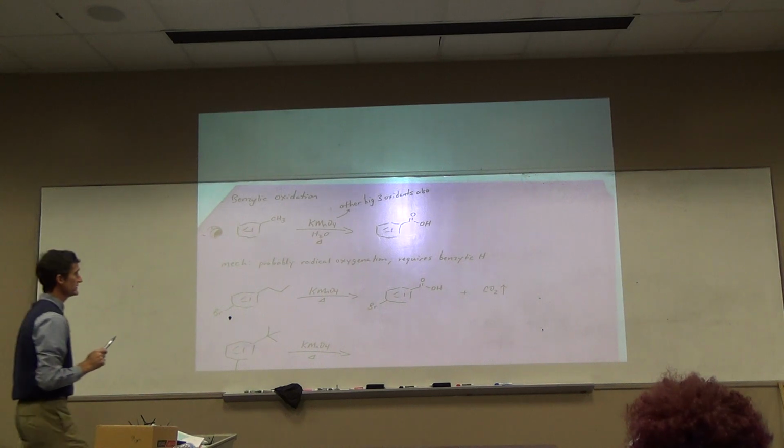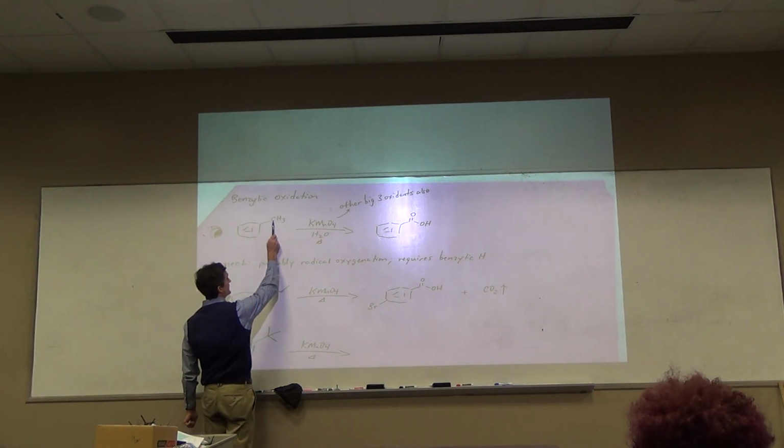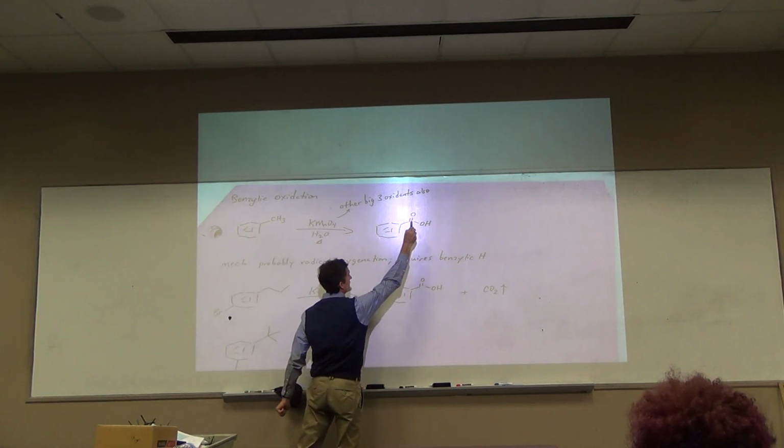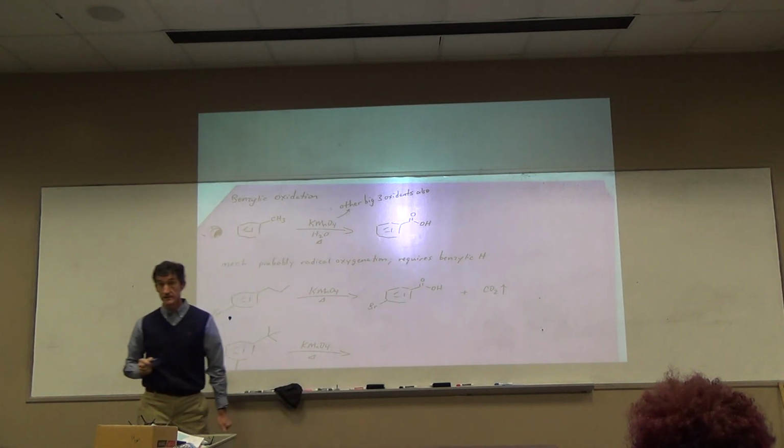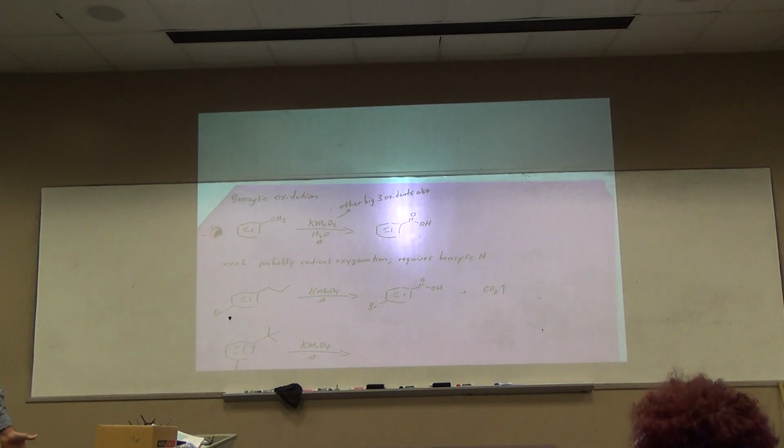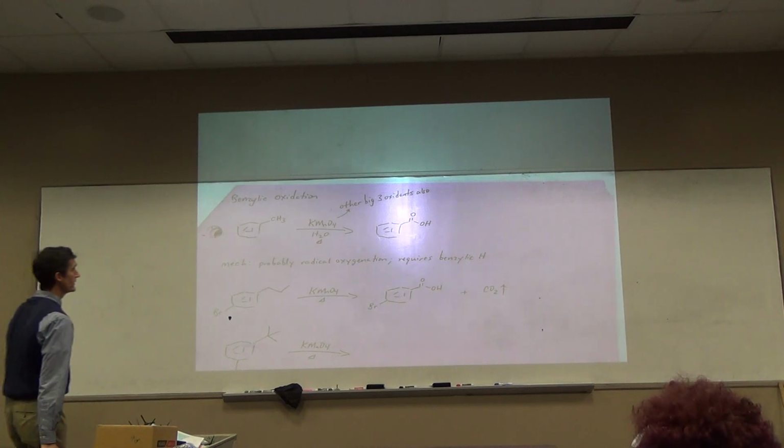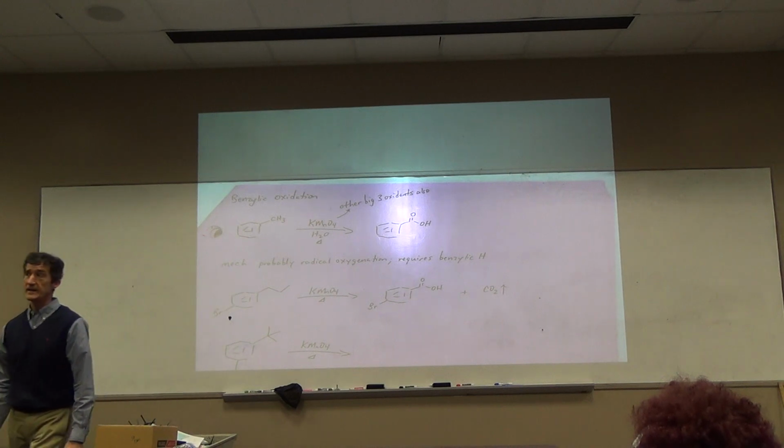Is this an oxidation? How many bonds to a more electronegative atom? 0. How many bonds to a more electronegative atom now? 2, 3. 3. It's an oxidation. You need an oxidant to do an oxidation. Everybody agree? What oxidant can be used here? The big 3 will do this.